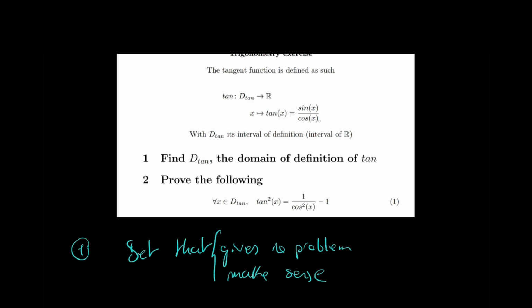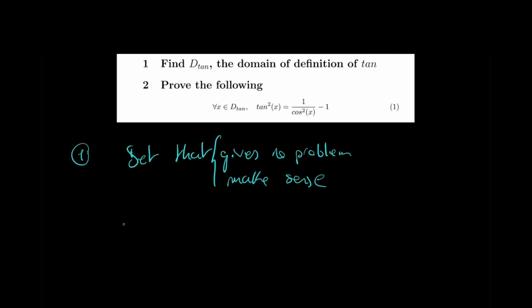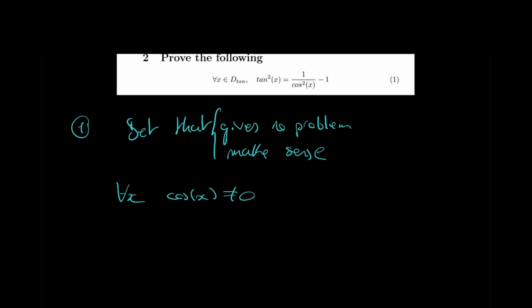It can come from a division by 0, because sinus of x is defined for all x, cosinus of x is defined for all x, but we don't want to have a division by 0. So we want this to be defined for all x with cosinus of x different from 0. And we are going to find the largest set of x that allows us to have this equality.